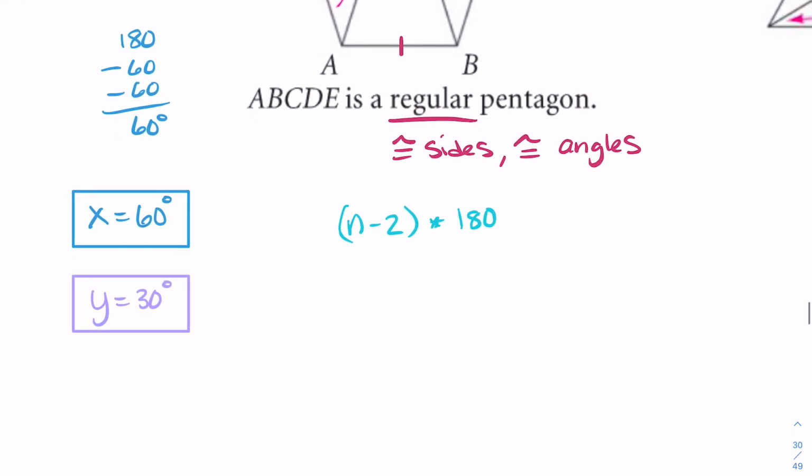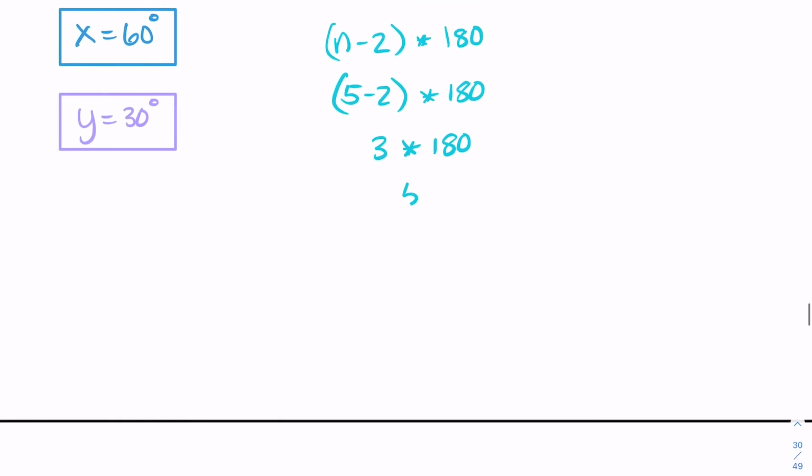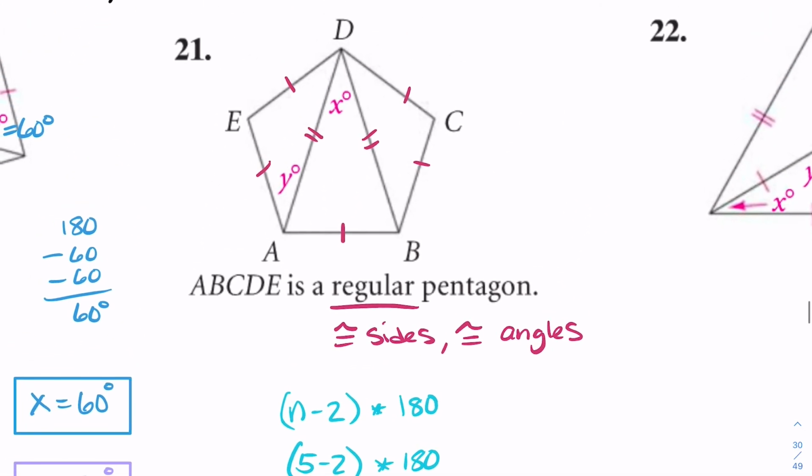We're going to use the same formula we used before. So we have 3 times 180, which means that 3 triangles add up to 540 total degrees, because each triangle has 180 degrees, and so 3 of them makes 540. Again, another way of looking at it is just n minus 2 times 180. So this has 540 degrees.